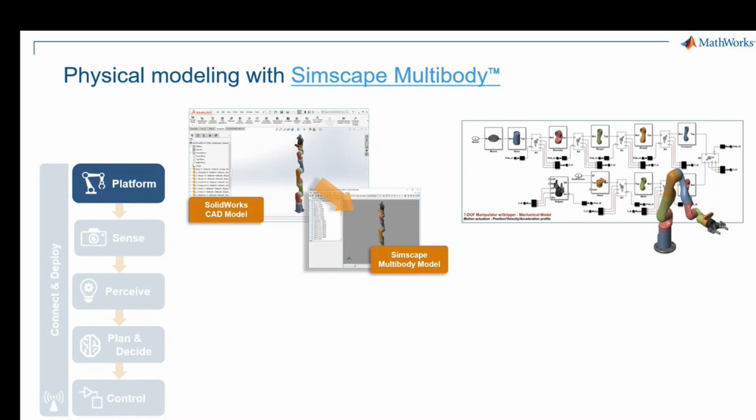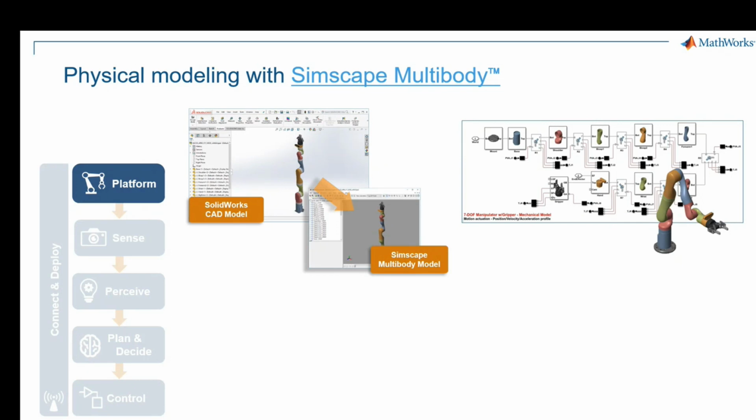That's going to represent, for example, the body parts, the joints that we're going to connect to the body parts, all the different constraints, force elements, and sensors. We can even create our own blocks using what's called the Simscape language, which is based on MATLAB. Like that, we can create high fidelity models of the physical system.